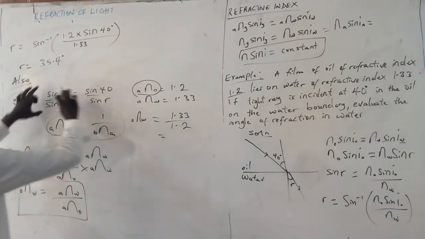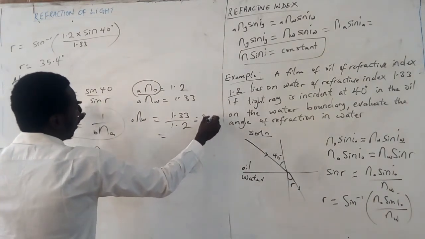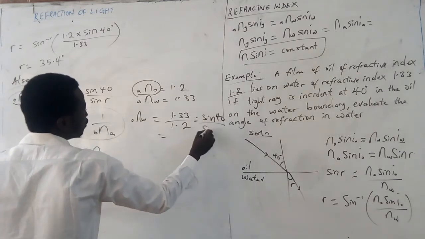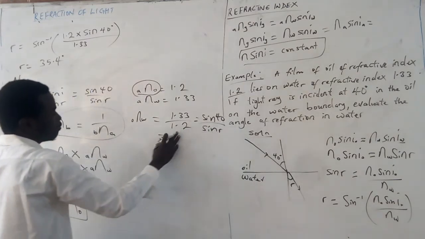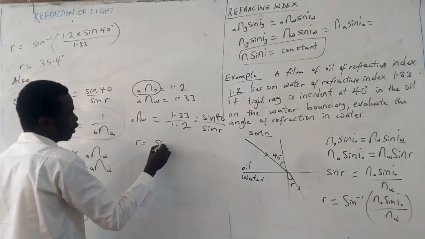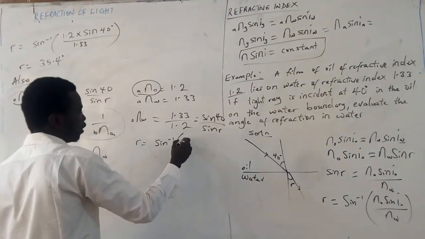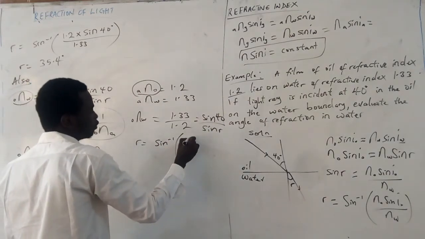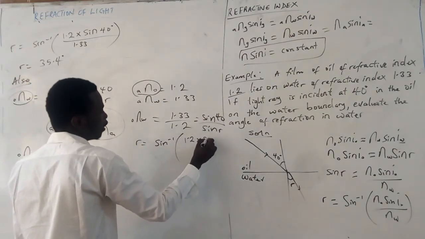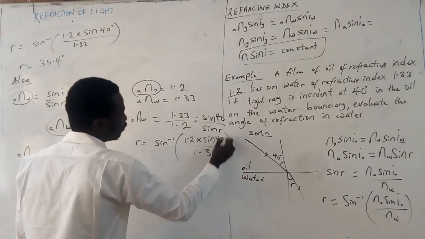So if I take this and plug it in here, which is equal to sine 40 over sine r, I can make r the subject of the formula by saying r is equal to sine inverse of 1.2 times sine 40 over 1.33.